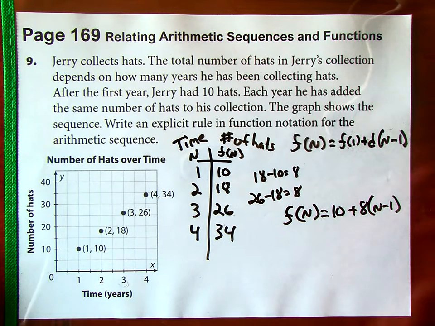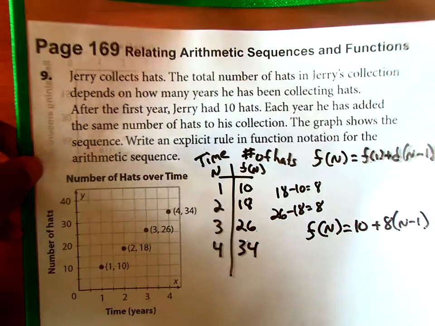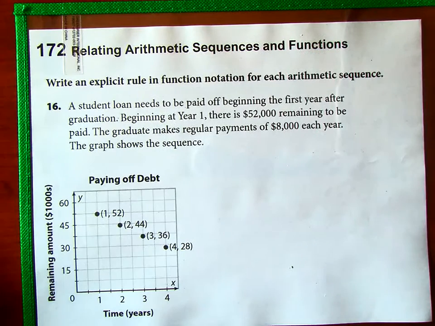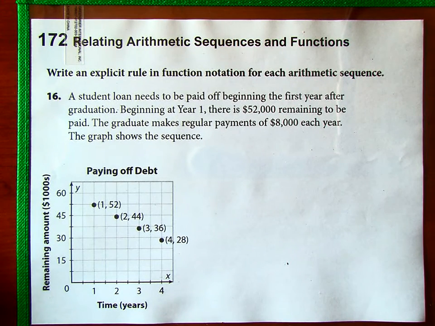Okay, let's take a look at another example. In this one it says write an explicit rule in function notation for each arithmetic sequence. They give us a student loan. A student loan needs to be paid off beginning the first of the year after graduation.